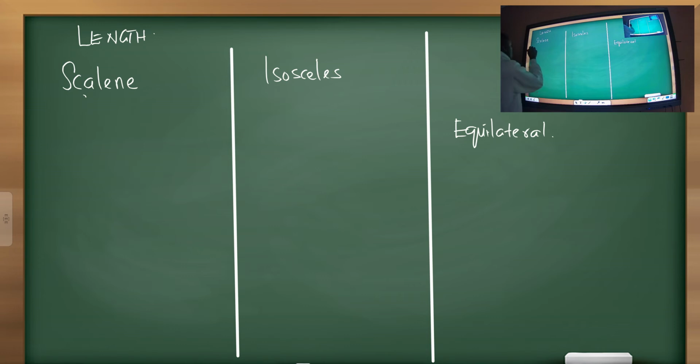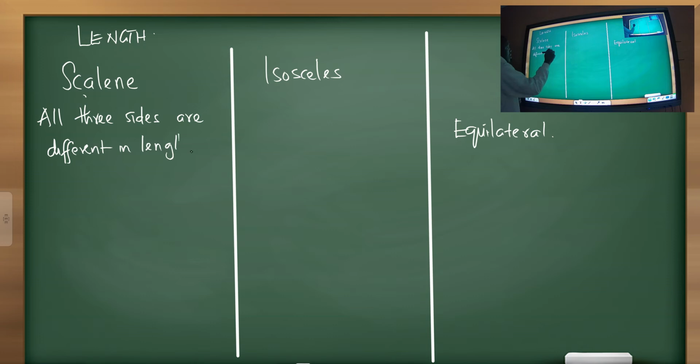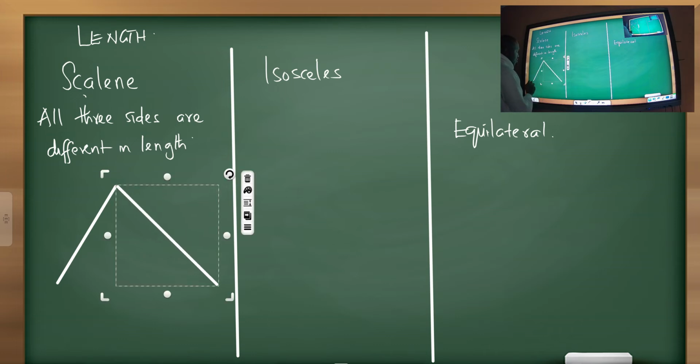All right, a scalene triangle: all 3 sides are different in length. Remember, I'm just doing a freehand sketch.